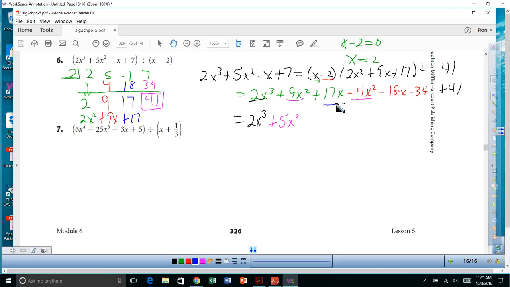And you got 17x minus 18x and no other x's. So you got minus x. And then on the end, you got negative 34 plus 41. I believe that gives you plus 7. Let's check. 2x cubed, 5x squared, minus x. They're both the same, so that worked.